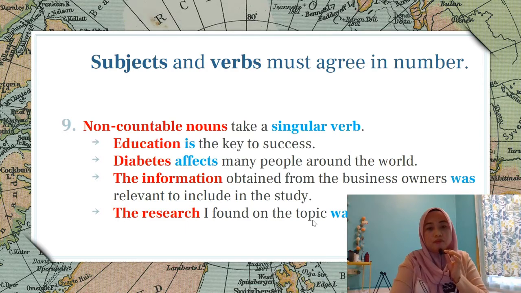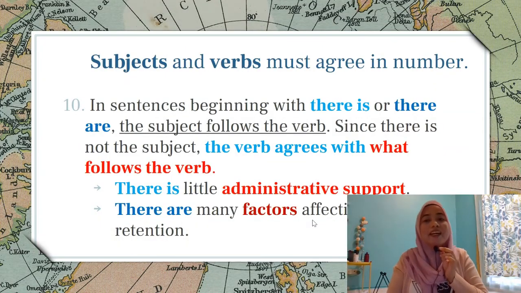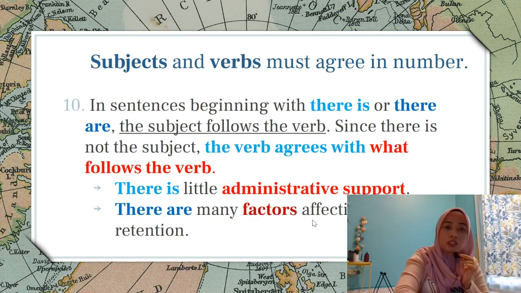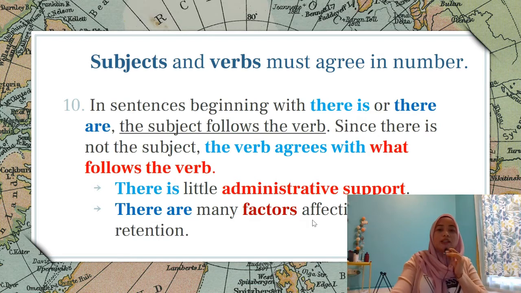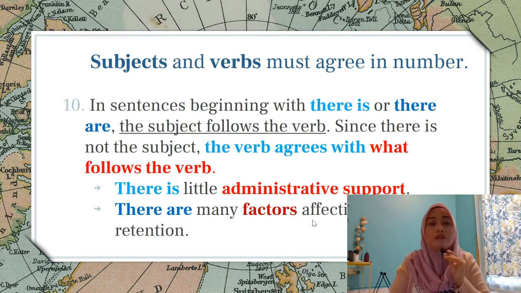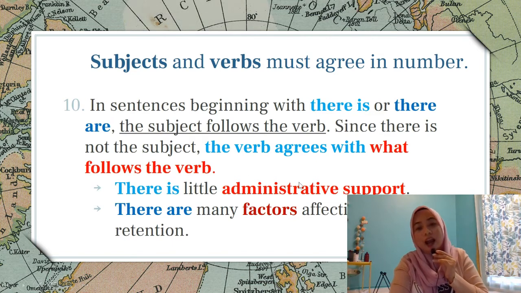Okay, all right, so rule number 10, in sentences beginning with there is or there are, the subject has to follow the verb. So there are two ways here. If the sentence starts with there is or there are, you need to go and find what is written after that.